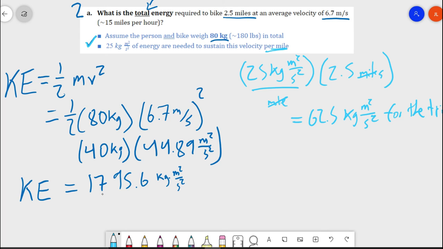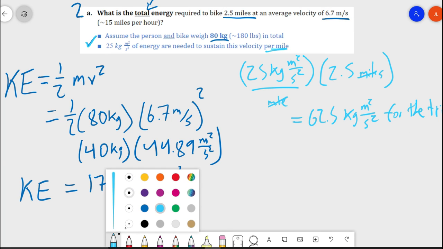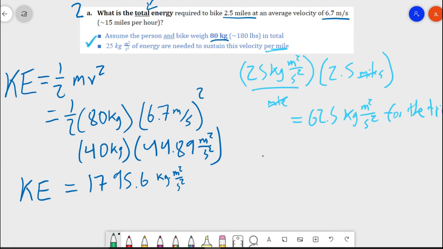So now we have this quantity and this quantity to account for the whole trip. It's now just a matter of adding them together. 1795.6 kg m squared over s squared plus the 62.5 kg m squared over s squared.